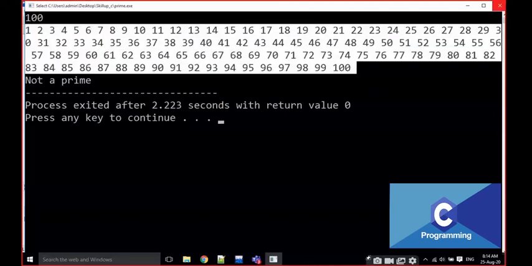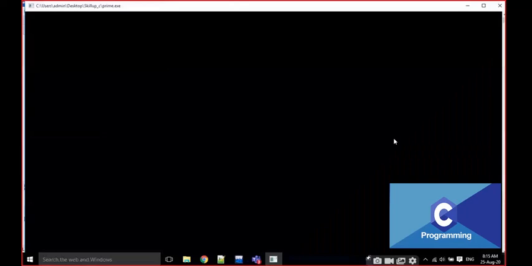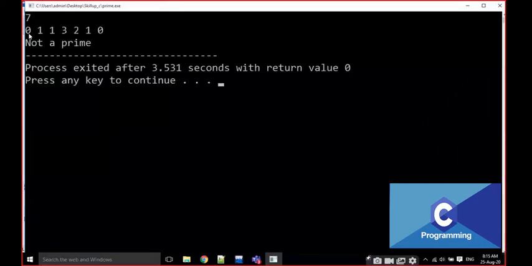Now I am going to check n mod i. Instead, I am printing n mod i. What is the remainder of n mod i here? If it is 7, look here. What is the remainder with 1? That is 0. How many zeros are there?